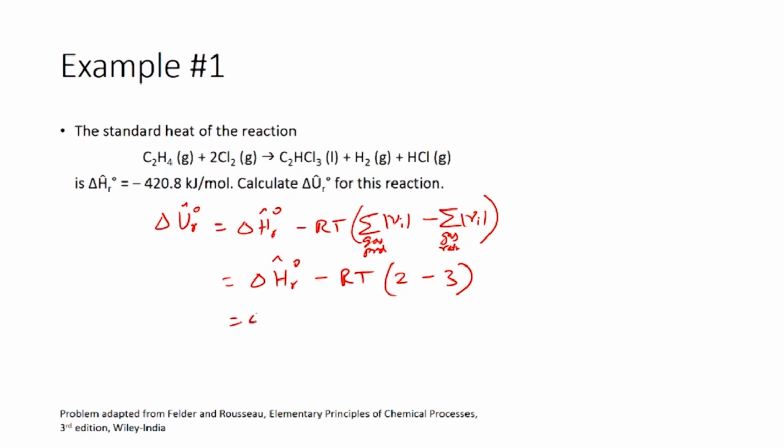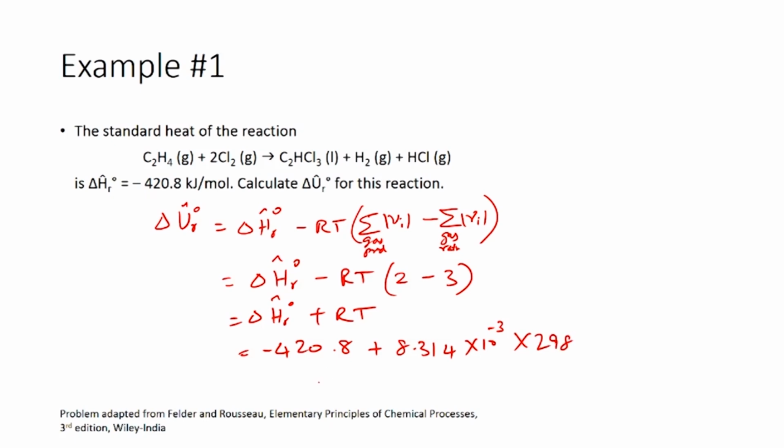This becomes delta H_R plus RT, and we have the H_R value as minus 420.8 plus R, which is 8.314 times 10 to the power minus 3 because we want it in kilojoules per mole Kelvin, times your temperature. The temperature for standard heat of reaction would be 298 Kelvin.